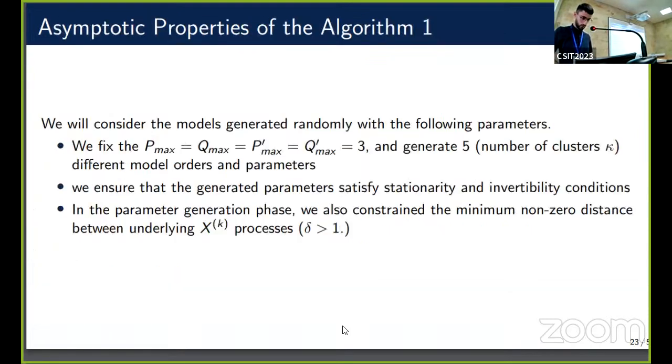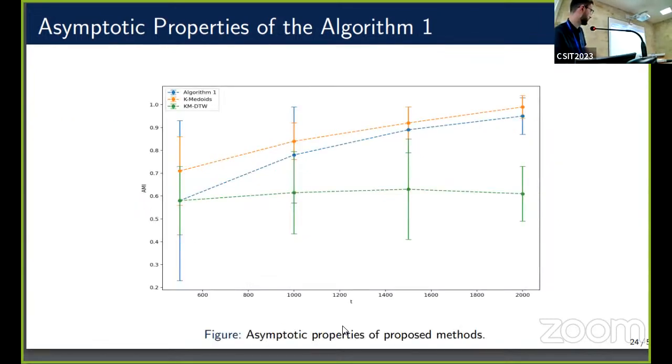So, two experiments. We generate a random data set with 5 processes, setting Pmax and Qmax all equal to 3, just to show the asymptotic properties of these two algorithms. The blue one is algorithm 1, the orange is the K-medoids algorithm, and the green one is a non-parametric algorithm.